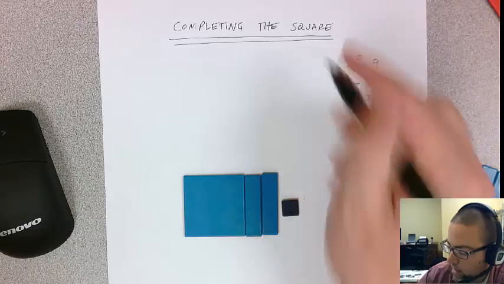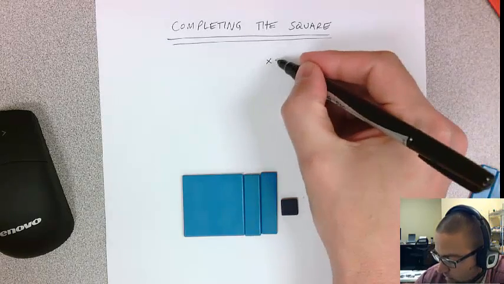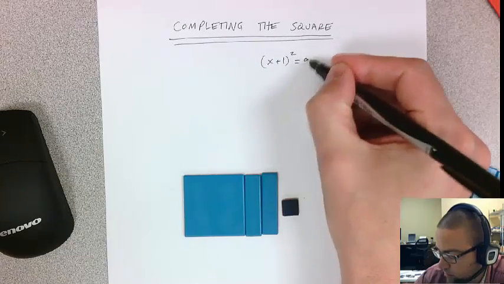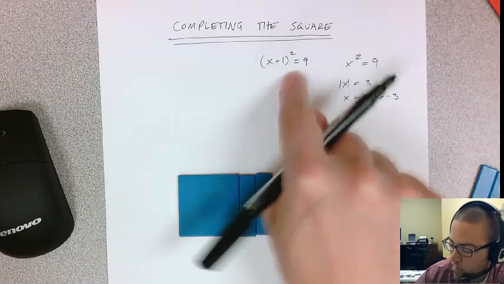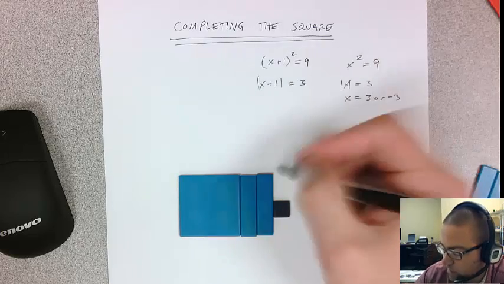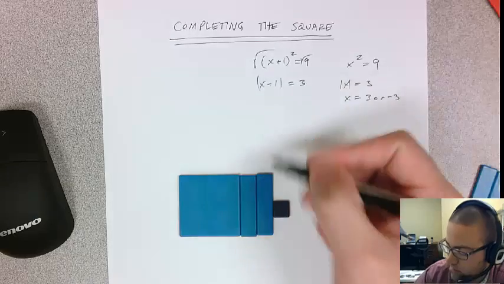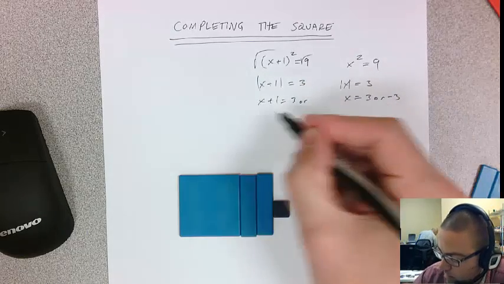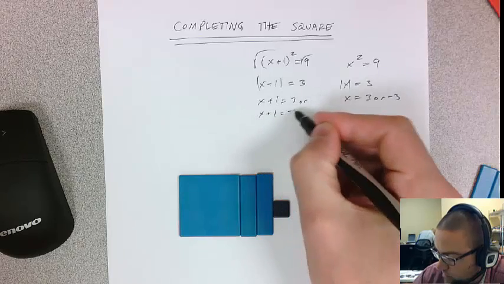And it even works when we have a whole thing, like x plus 1 quantity squared equal to 9. Then I can square root both sides and say x plus 1, the absolute value of it, equals 3. So x plus 1 equals 3, or x plus 1 equals negative 3.